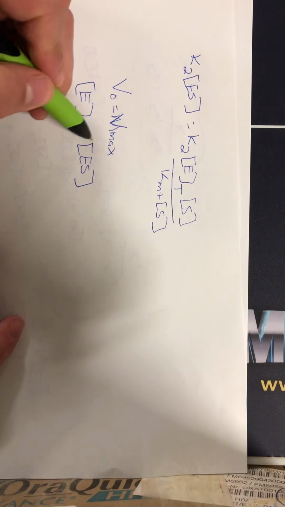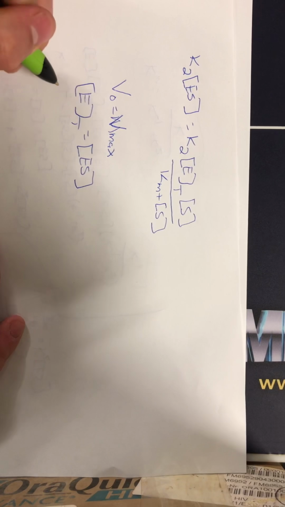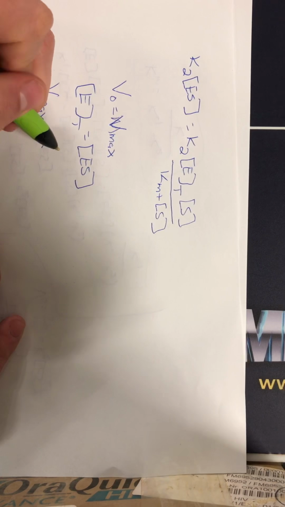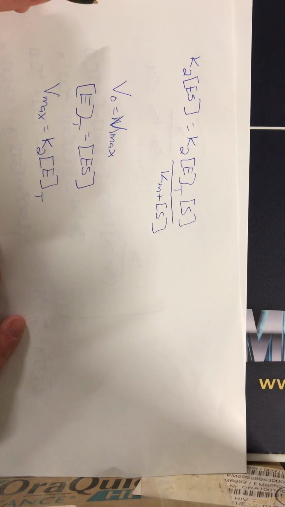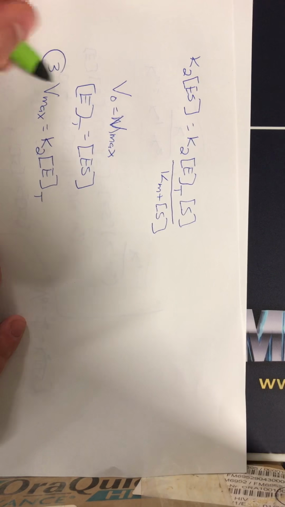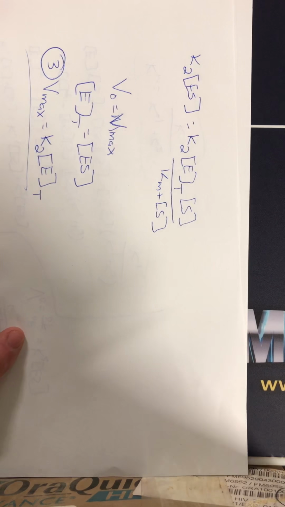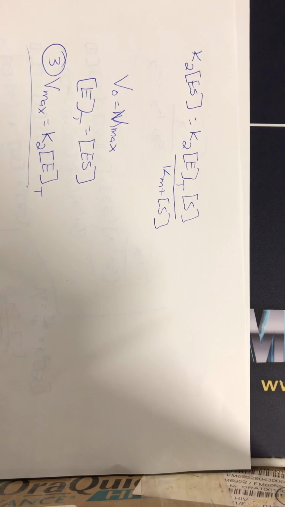So then we can mix and match these two values here and say that our Vmax is equal to K2 enzyme total, which is number 3 on our worksheet there. We know that to be true because VO is equal to Vmax, and we already found that Vmax was equal to K2 ET, enzyme total.